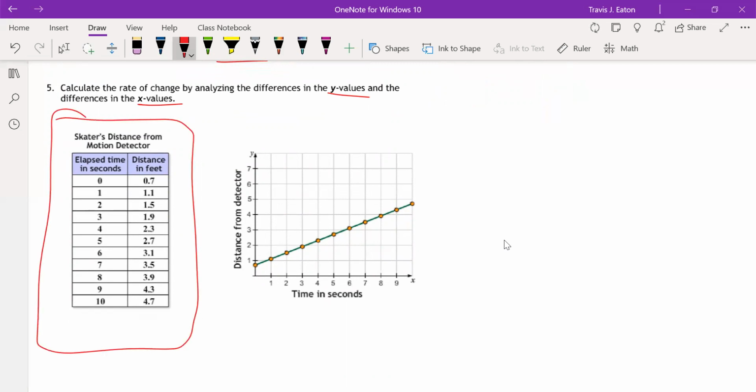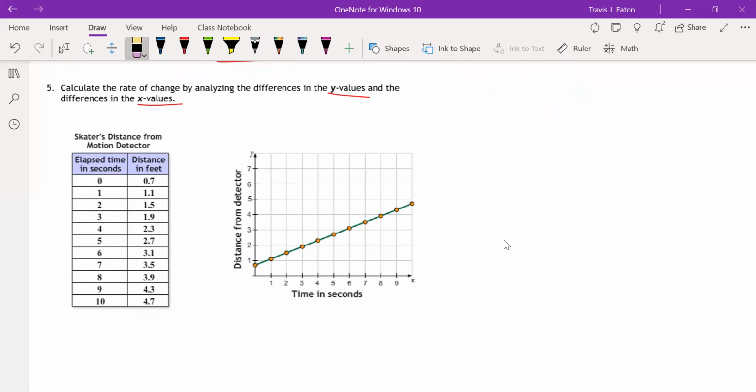that as x goes up by 1, 1, 1, 1, 1, the change in x is 1. How much is the change in y?